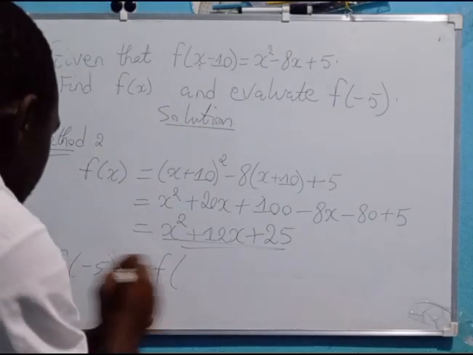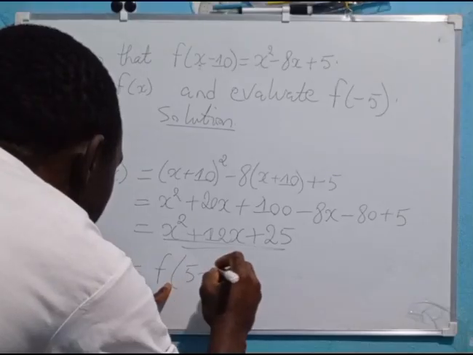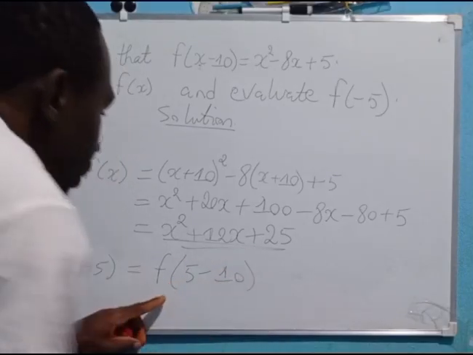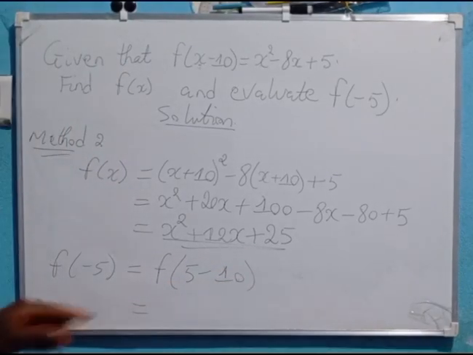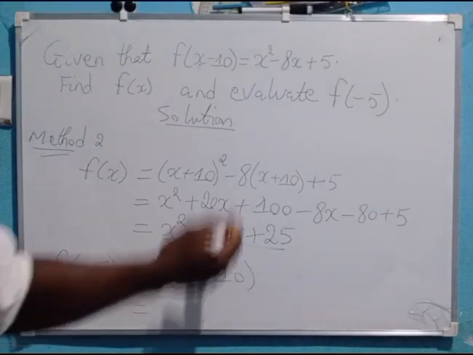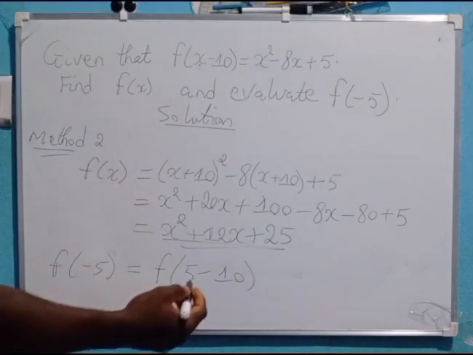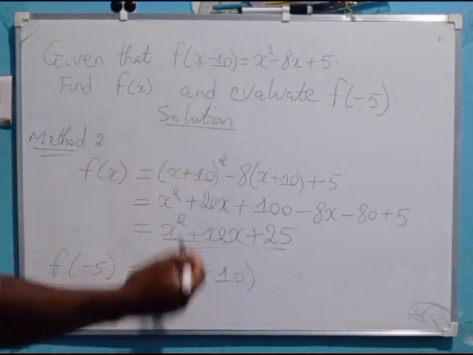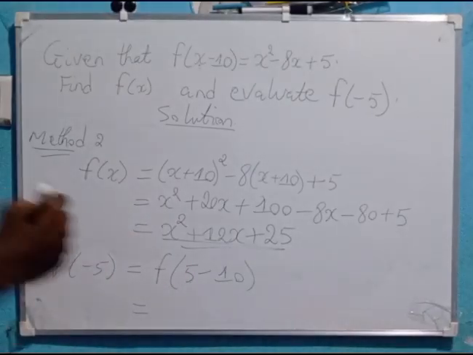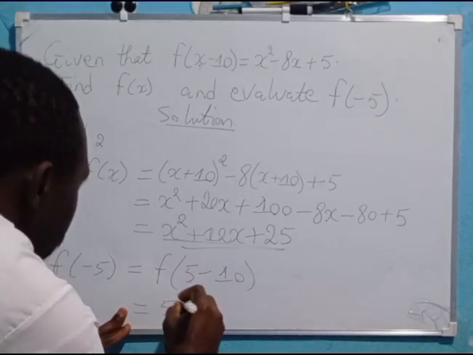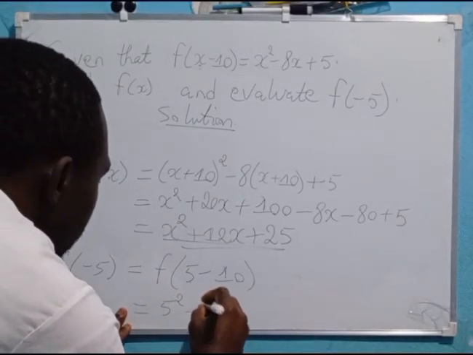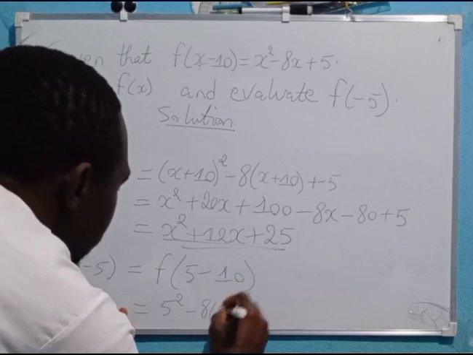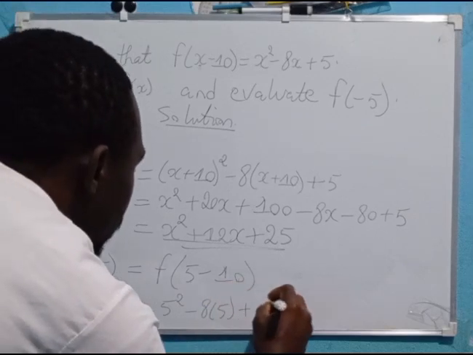That means f of negative 5 is the same as f of 5 minus 10. And this will be equal to, it simply means in this our function, anywhere we see x, we have to replace x with 5. This will give us 5 squared minus 8 times 5 plus 5.